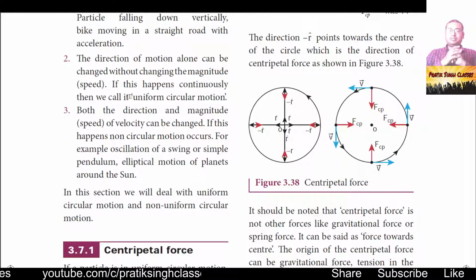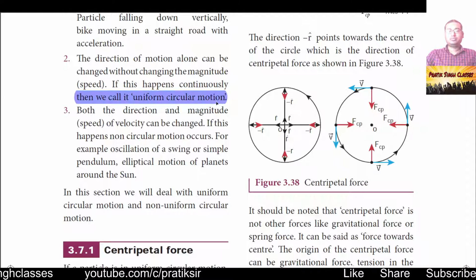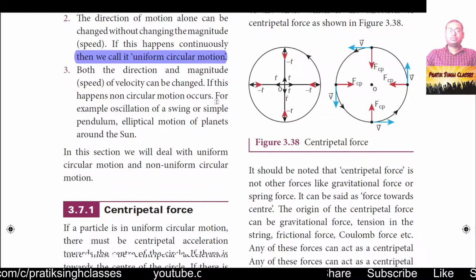In that situation also we will have acceleration. The speed is constant, but we will have acceleration. If this happens continuously, we call it uniform circular motion. That is, if the magnitude of the speed is constant but the direction is changing, the motion is called uniform circular motion.